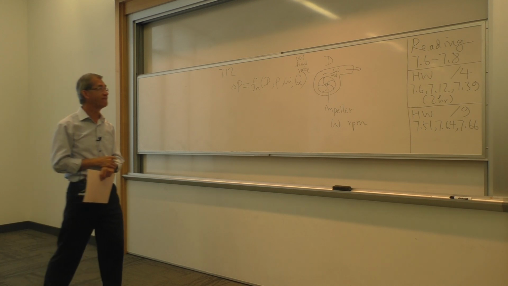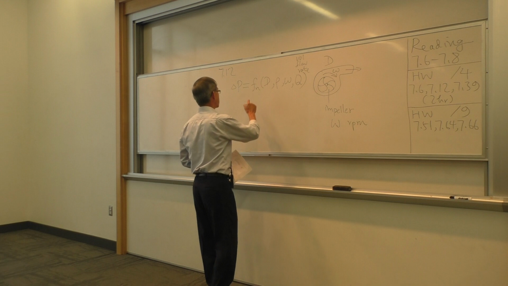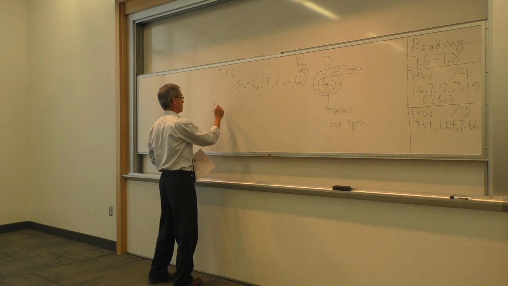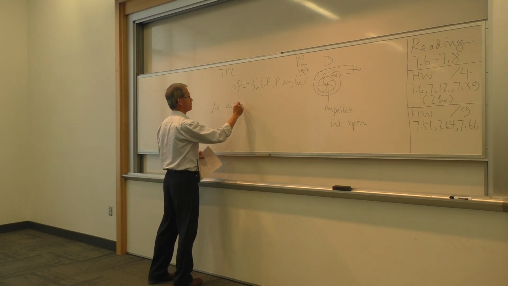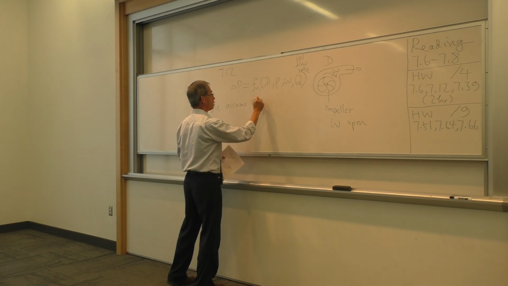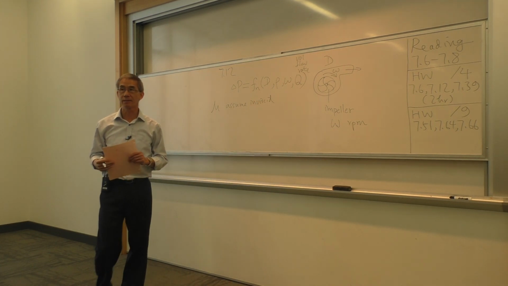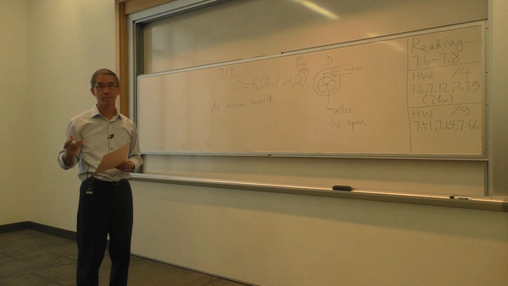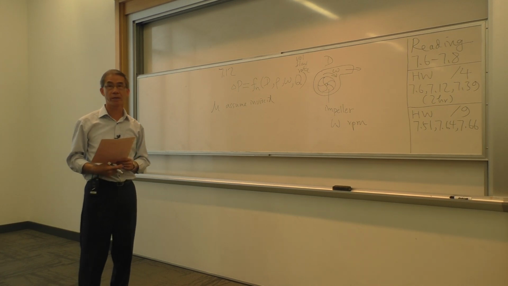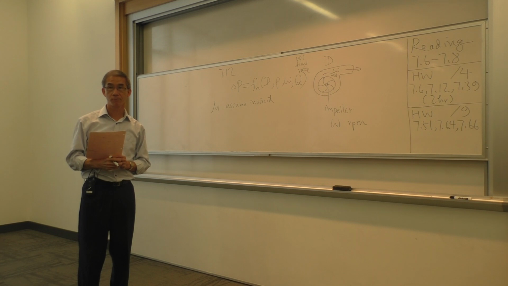We assume it's invisible because the viscosity doesn't appear on my right-hand side. So it's a simplified dimensional analysis, just to make the problem more tractable. Okay? So I want you to be aware of that.